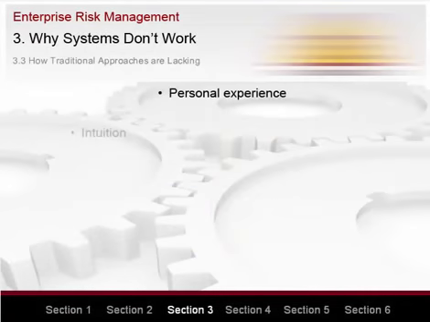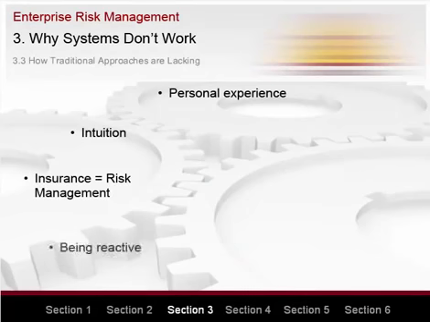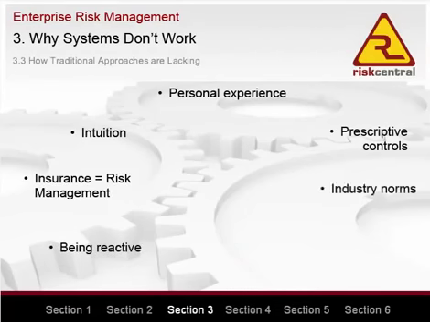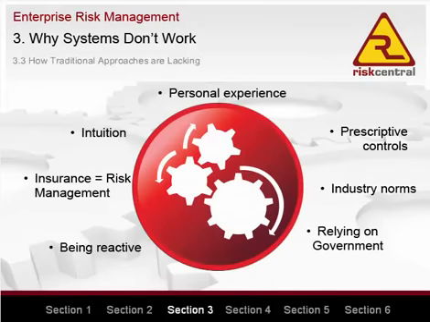The previous individual approaches themselves are not to blame. There's nothing inherently wrong with the listed traditional approaches, and they all have their part to play in an ERM system.